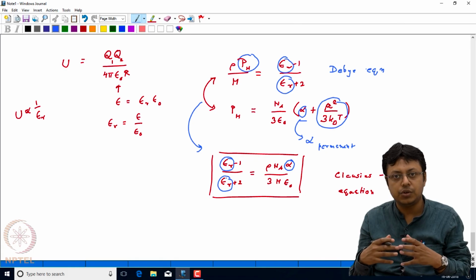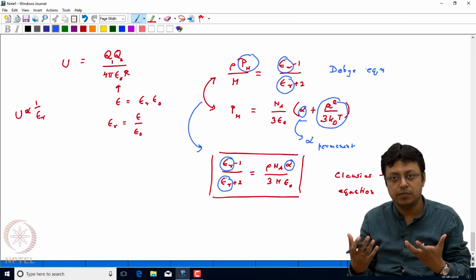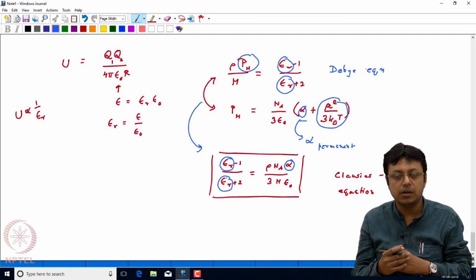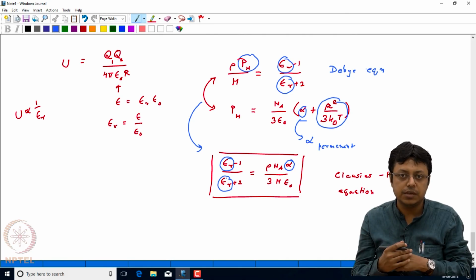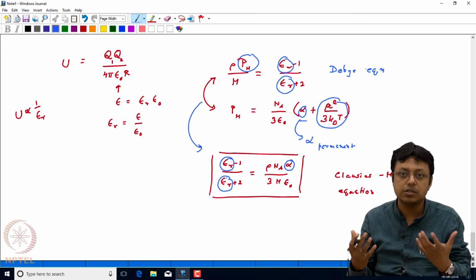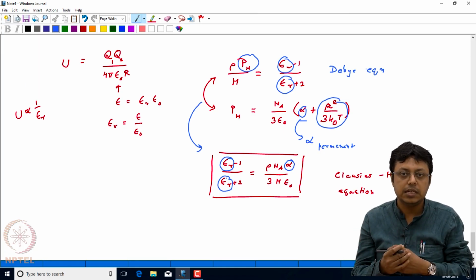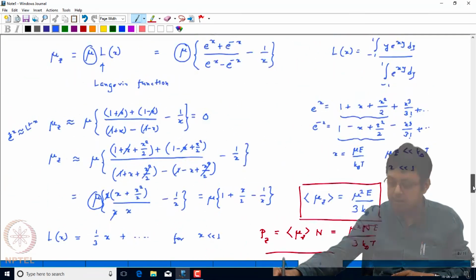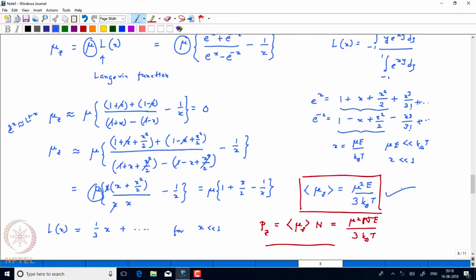And then we showed the averaging of it, where we did not show you the exact derivation, but we talked about the Langevin function, how you can get an average of all these things and then get the leading term of the Langevin function, under the approximation that your thermal energy kBT is much higher than the interaction potential, which is mu E. Then you can approximate it so that the average value of the z component of the macroscopic polarization will be mu square E by 3 kBT.